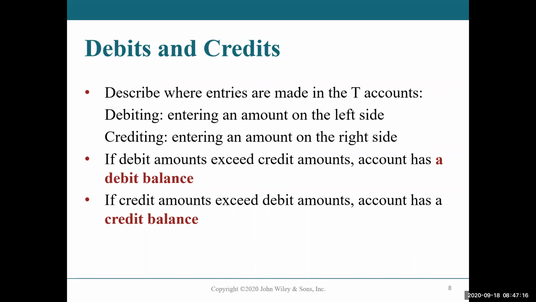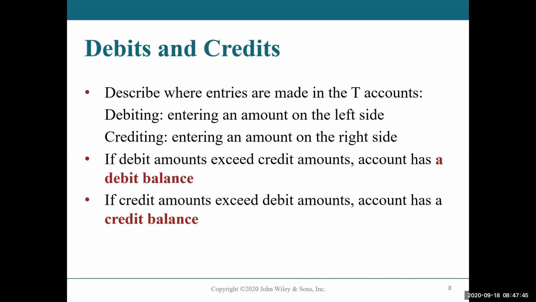So on the left-hand side, we have debits. On the right-hand side, we have credits. When we look at the T accounts, at the end we will have an ending balance. We take all of our numbers and push them to the T accounts. Depending on whether the total on the debit side or the credit side is heavier, your difference will sit on the heavier side.